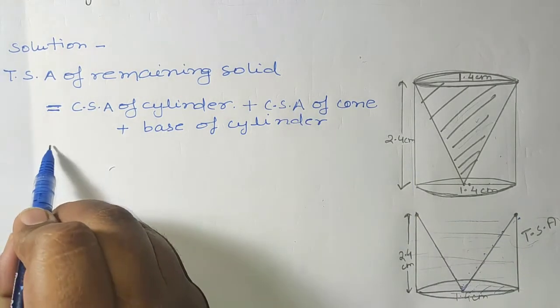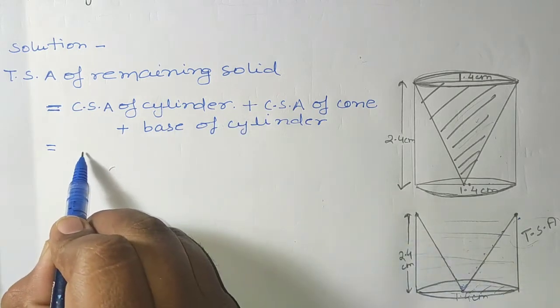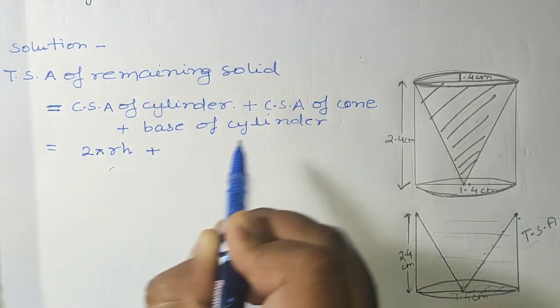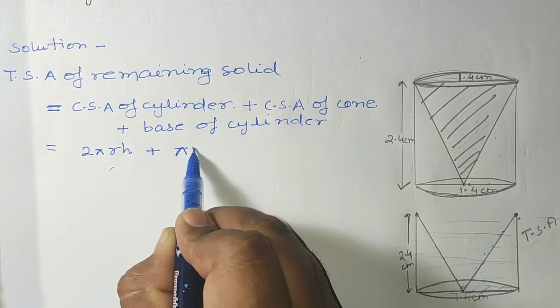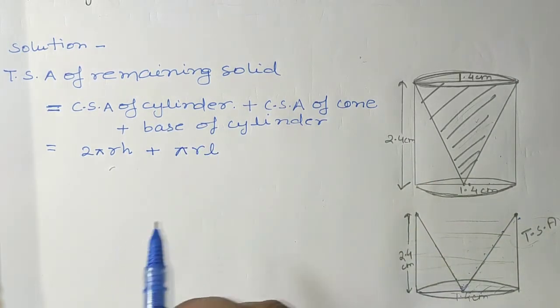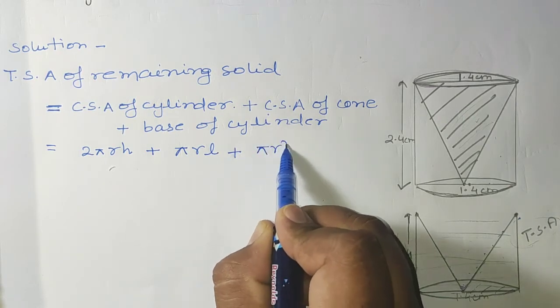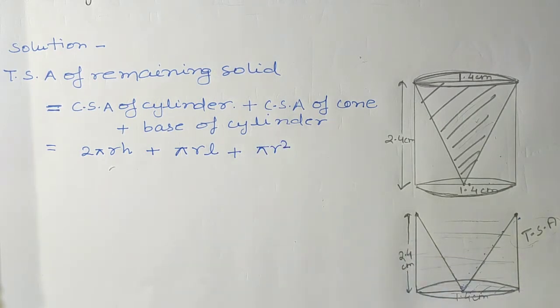Now just putting all the formulae. Curved surface area of cylinder, we know that it is 2 pi RH. Curved surface area of cone, we know that it is pi RL. And base of the cylinder is pi R square. Basically R will be the same for all.